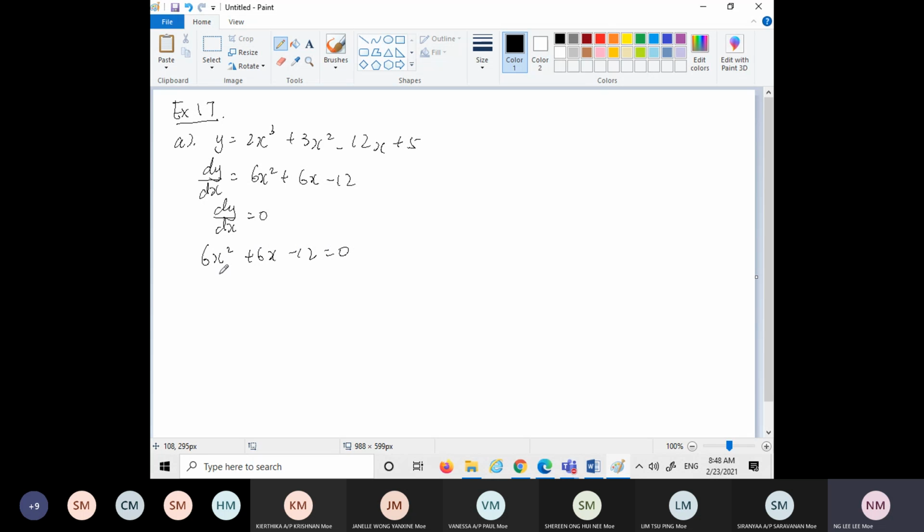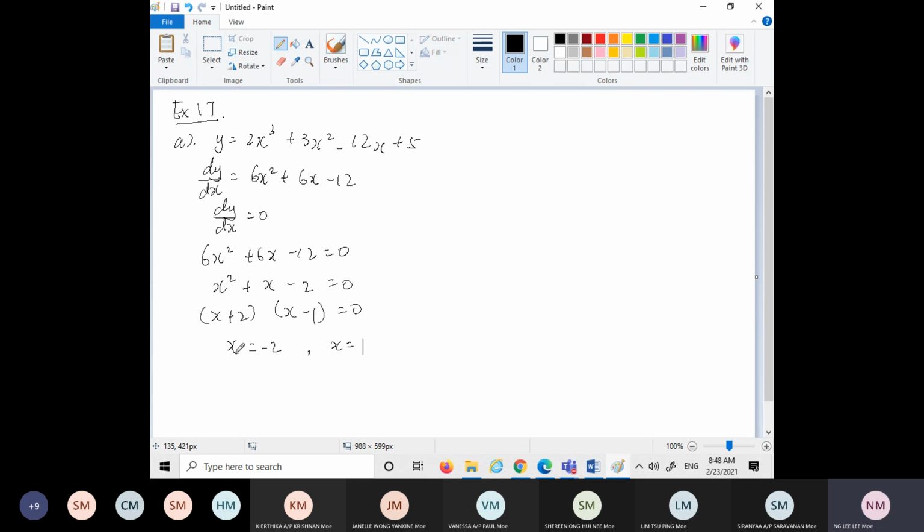Every term can divide by 6. Then factorize it. You get the answer -2, and the other one is 1. So you have these two.